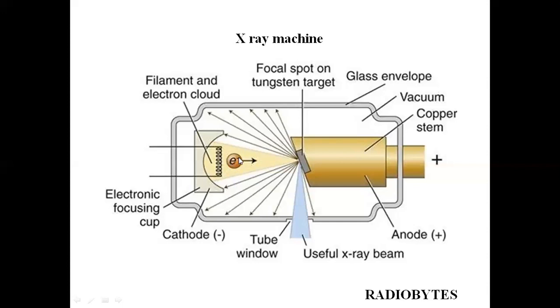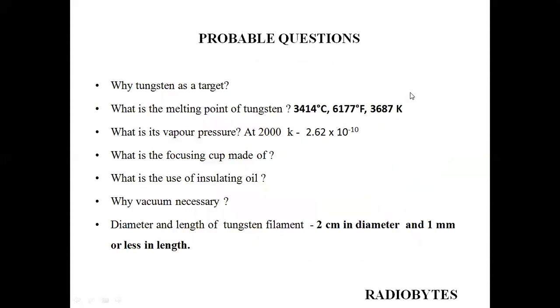As this electron collides with the air particle, the kinetic energy of the expelled electron will be reduced. It will be converted into a low energy electron. Low energy electrons are not purposeful and do not contribute to the production of useful X-rays. We cannot use them for our diagnostic purposes. That is why we have to keep the chamber free of air molecules, and so we prefer an evacuated chamber.